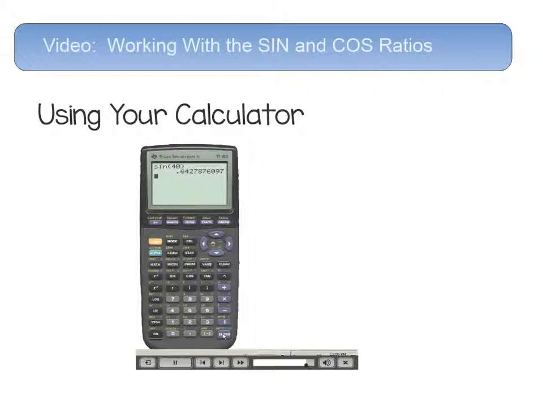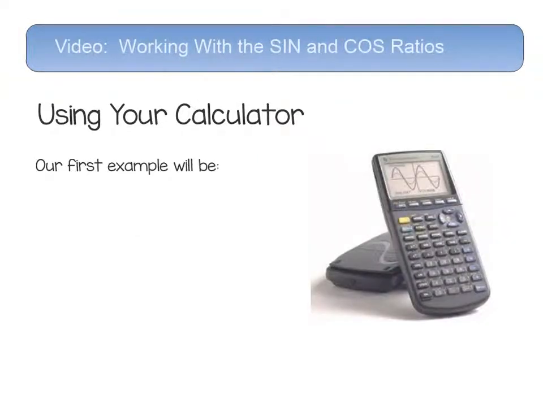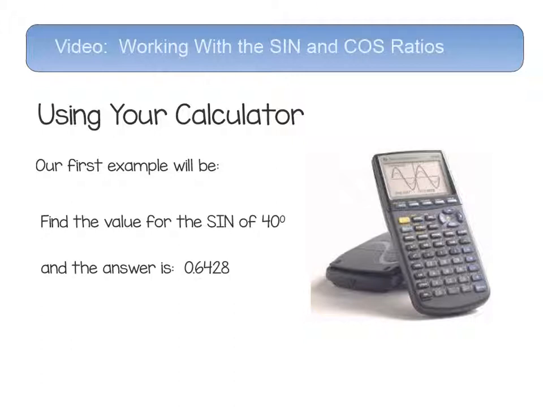So our answer would be 0.6428. And for our first example, to find the value of the sine of 40 degrees, your answer is 0.6428.